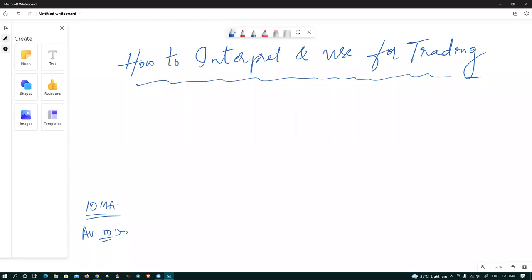Now, if you see the moving average, if it is inclining towards 45 degrees, this is scenario 1. Scenario 2.